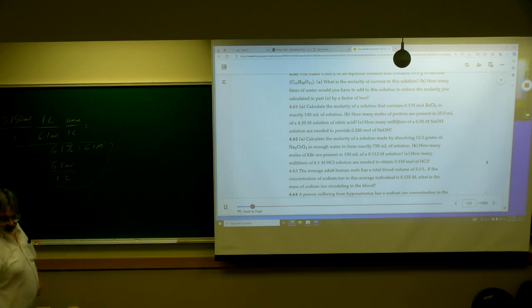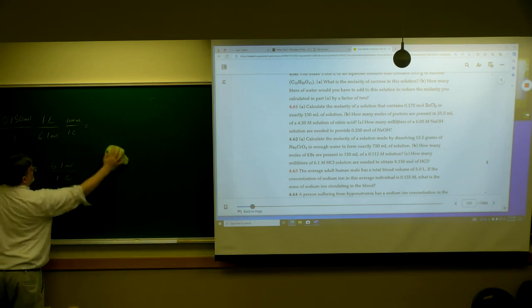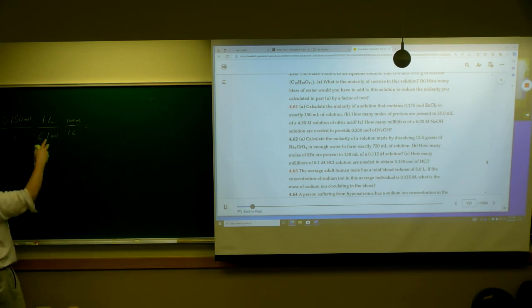I'm going to erase that. So I've got moles per liter here. I've just got it inverted. And that should tell me, divided by 6.1.